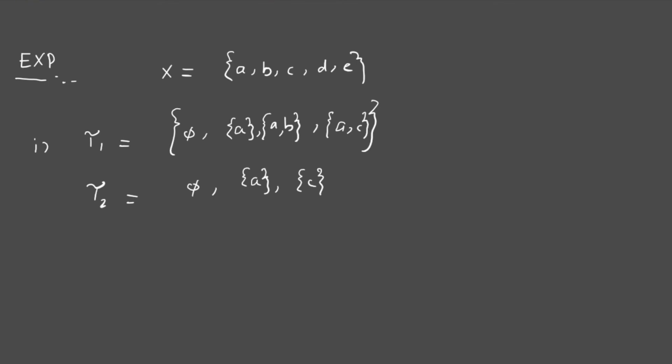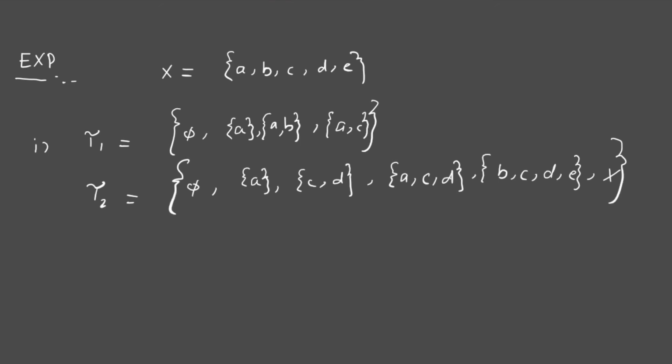Then we will take A comma C comma D, then B comma C comma D comma E, and this is X. Yes, this is tau2, and here we are taking another one, tau3.